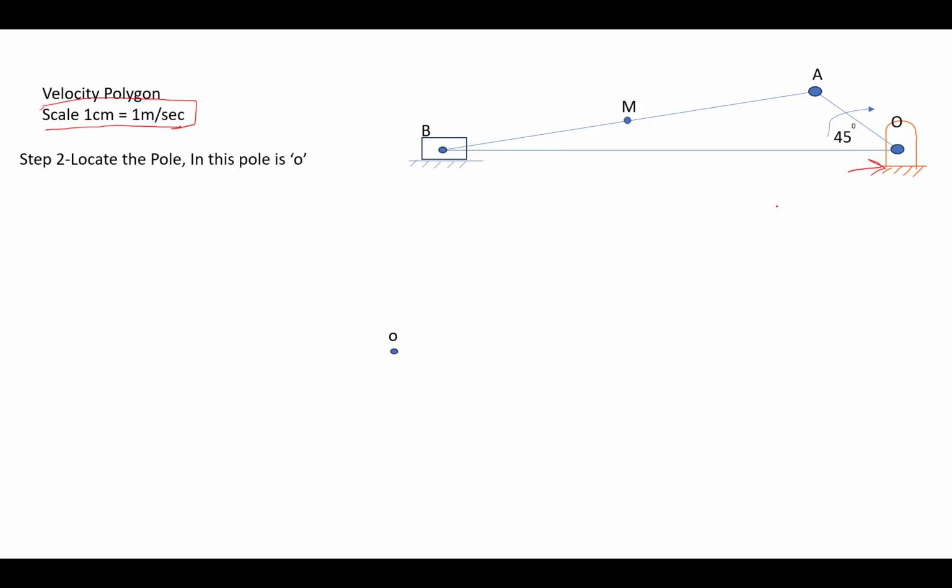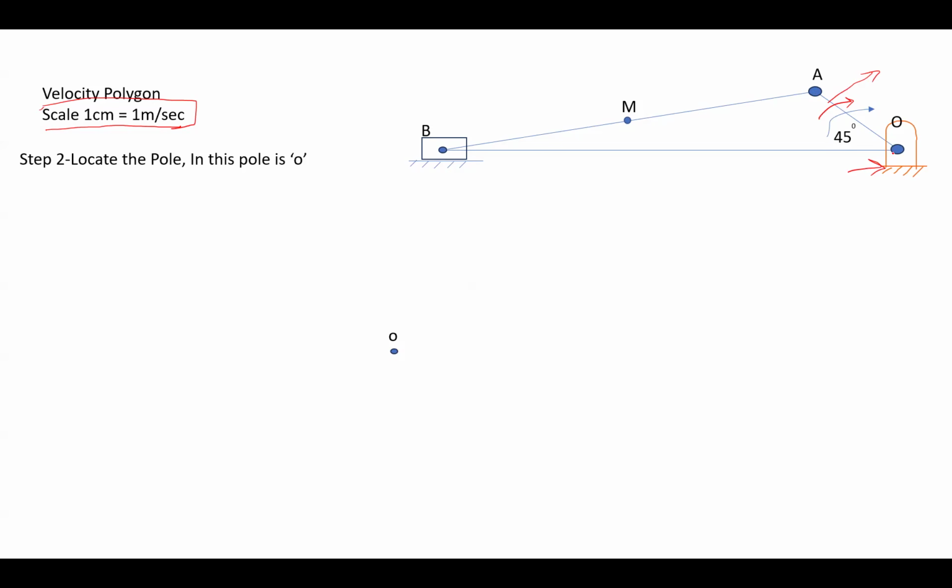So O is located. Now for the link OA, we know the direction of rotation. It is rotating in clockwise direction, and the velocity vector for OA is a perpendicular line. This perpendicular line you have to draw in the vector polygon. From where?